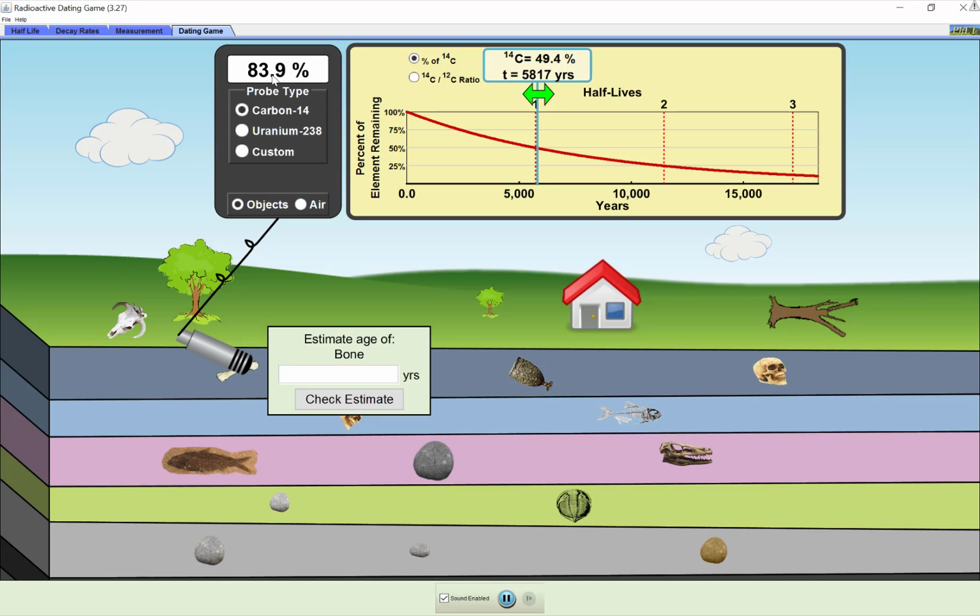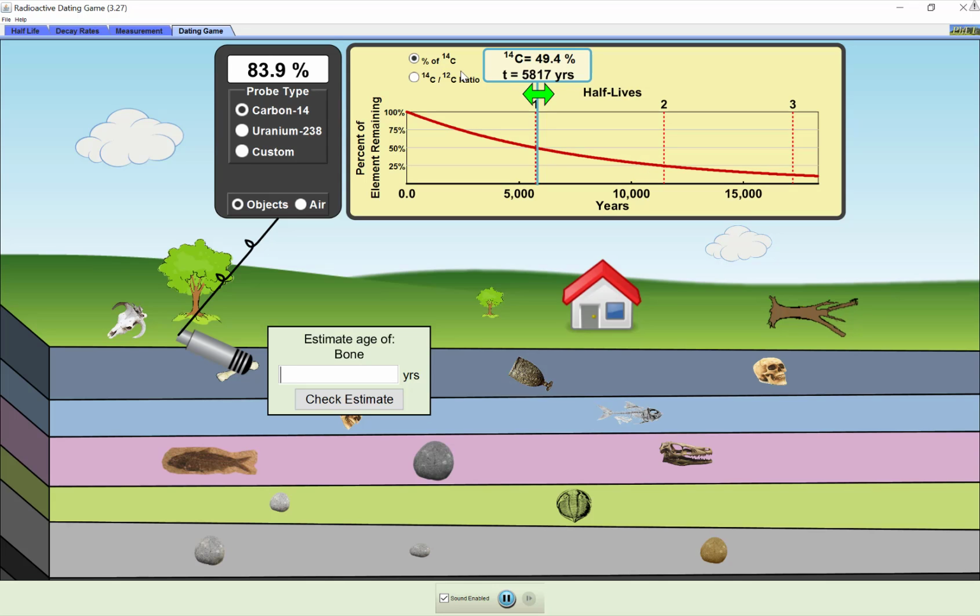And most of the time, it's somewhere in between half-lives. For example, if this had been through one half-life, this would be gone down to 50%, but it's actually not. It's only 83.9% carbon-14. So it's only lost 16.1% of the carbon-14 that it originally had. So the math is a little more complicated, but what we can do is just allow this simulation that shows the radioactive decay of that carbon-14 to do the math for us.